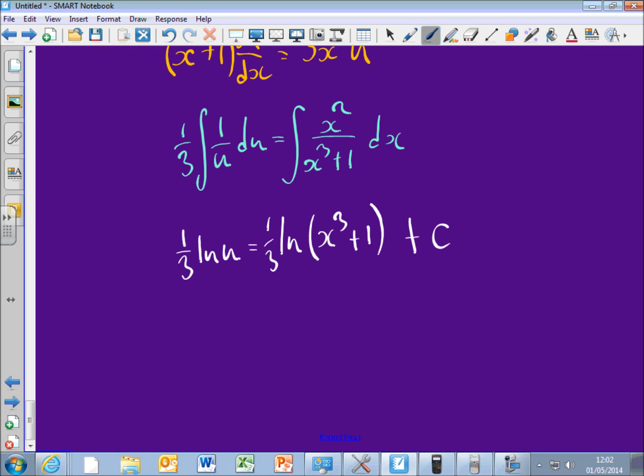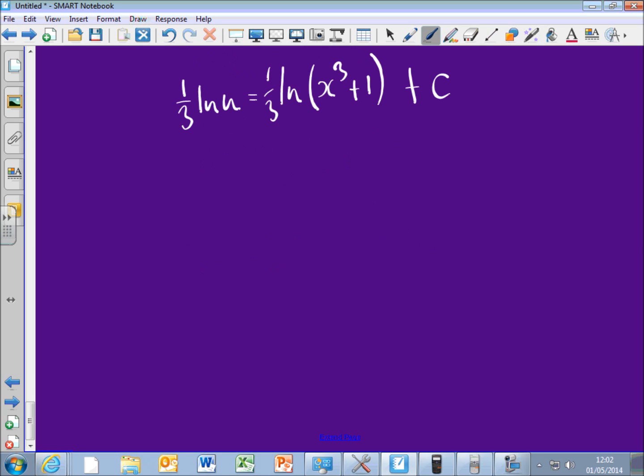Plus c. So I can write plus c like 1/3 ln c or something. Yeah. And then multiply it in. So this is 1/3 ln c of this, yeah?